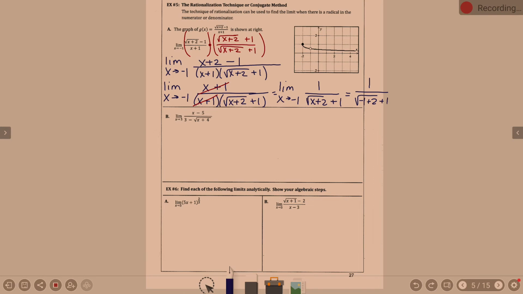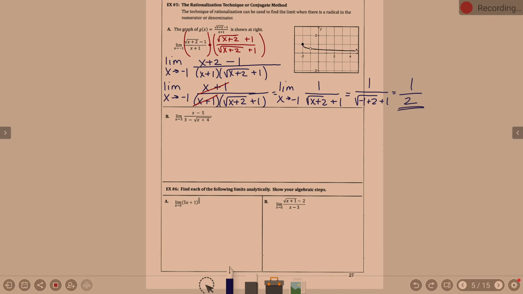Square root of negative 1 plus 2, so square root of 1 is 1, plus 1 is 2. That's your analytical way. When you don't have a graph to look at, that's your analytical way. Now, does that match with the graph answer?